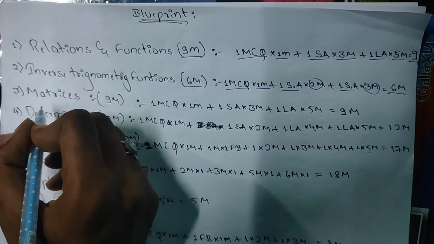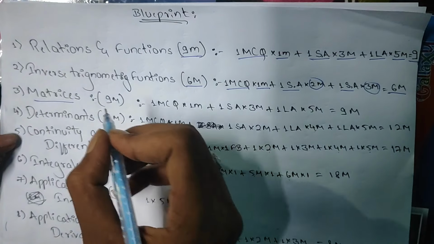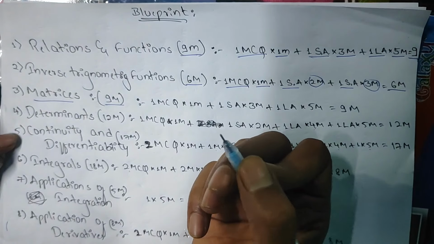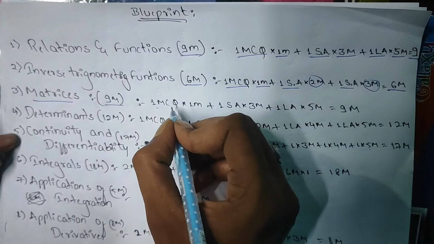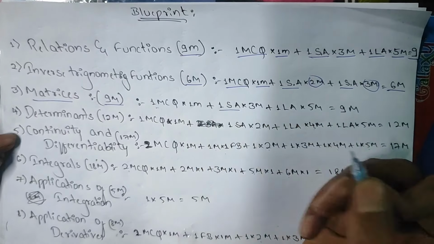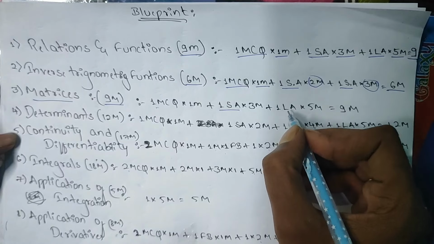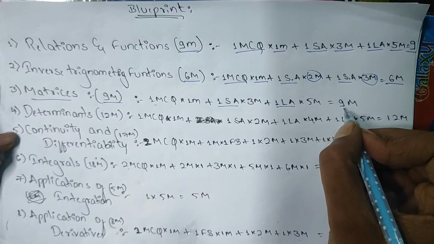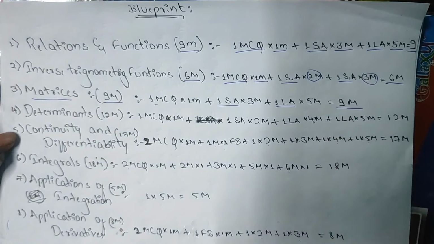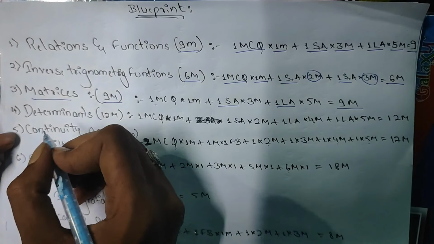And the third chapter is matrices, which is of 9 marks. There will be one MCQ of 1 mark, one short answer of 3 marks and one long answer of 5 marks. In total there will be 9 marks from this chapter.